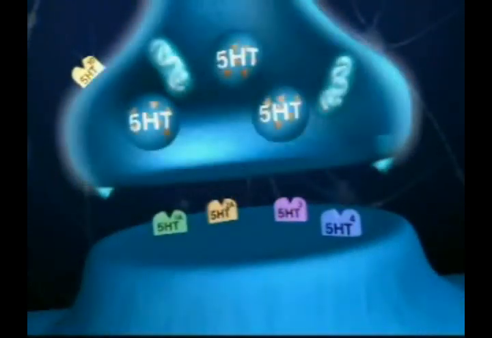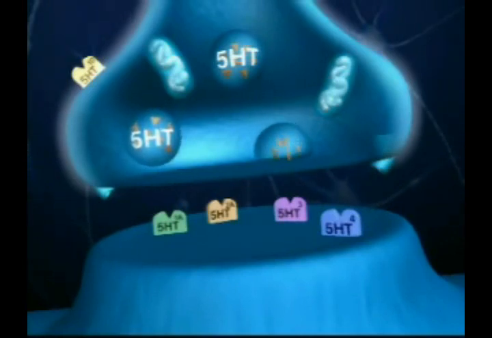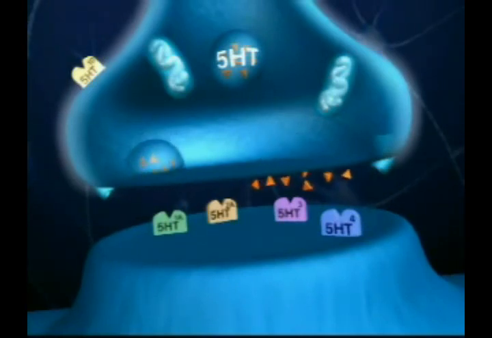After manufacture, 5-HT is packaged into synaptic vesicles found in the nerve terminals. When stimulated by an action potential, these vesicles fuse with the membrane, releasing 5-HT into the synaptic cleft.